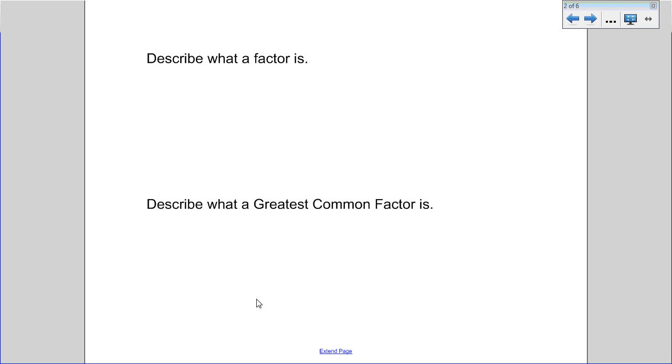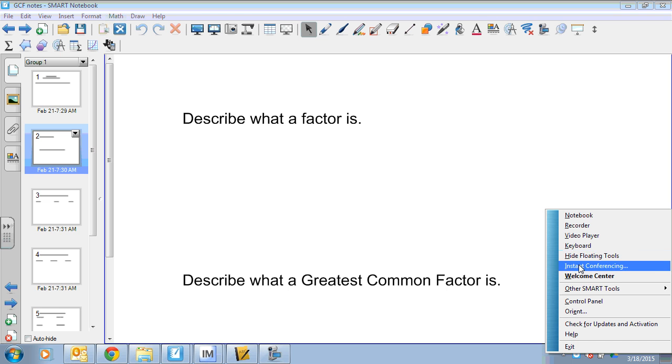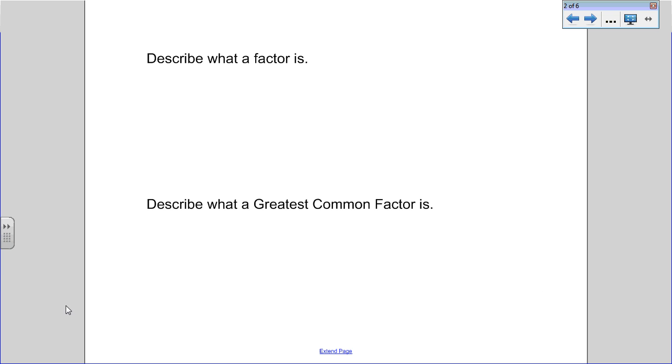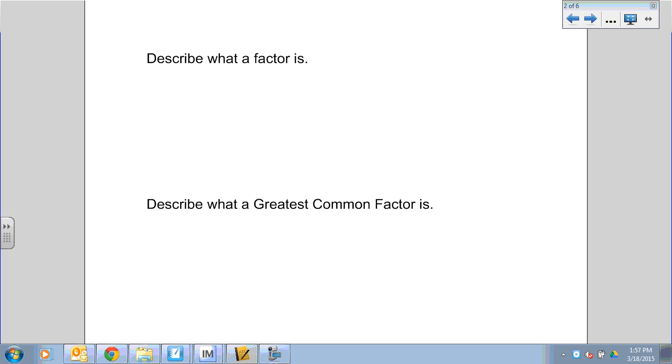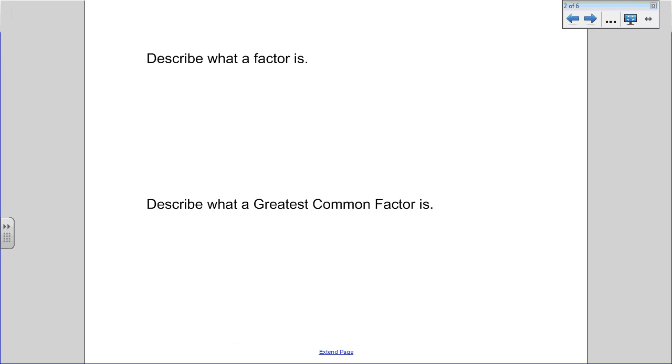I want you at your table to talk to that person next to you and come up with a definition, or examples of factoring. Keep up with examples. Three things.